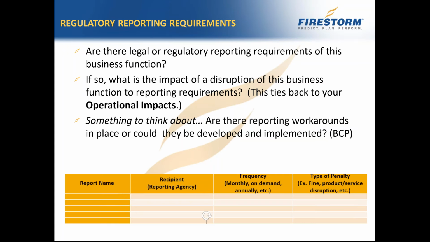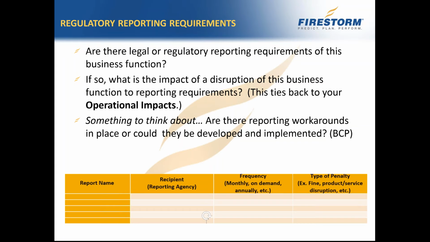And by the way, back when we were talking about financial or operational impacts, here we'd be saying, who is it that's regulating you? What's the report you have to do, the agency, how frequently you have to do it, and what's the fine or penalty if you don't? Now you're seeing we're getting very specific metrics that will fit into the operation of your business and help you make those critical decisions at each step along the way.